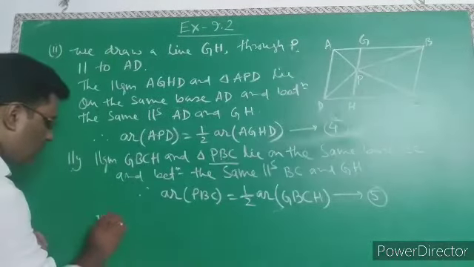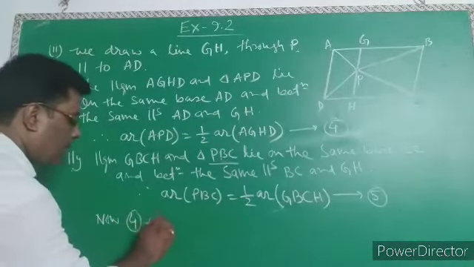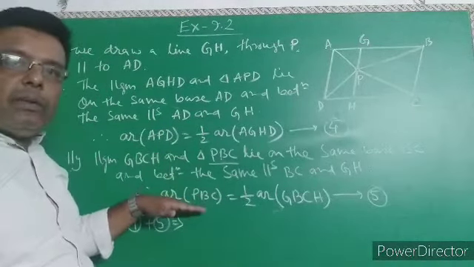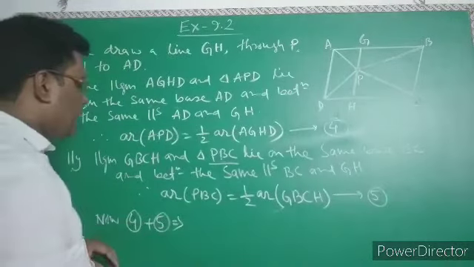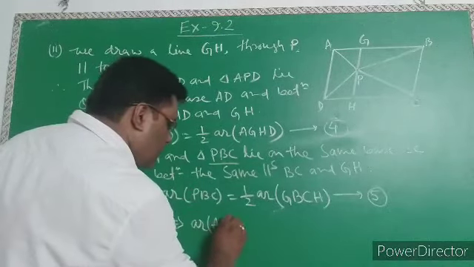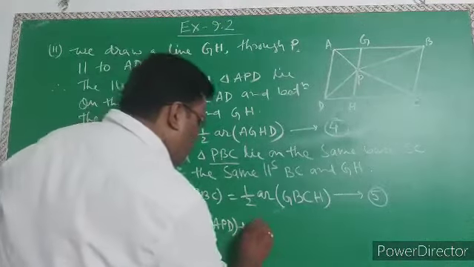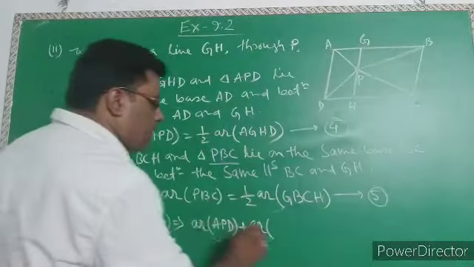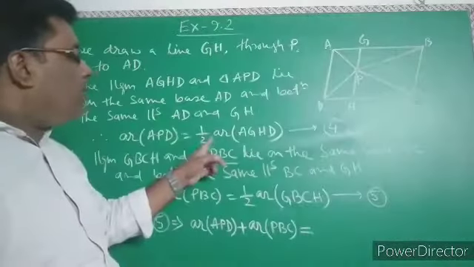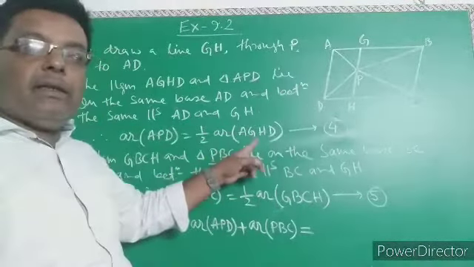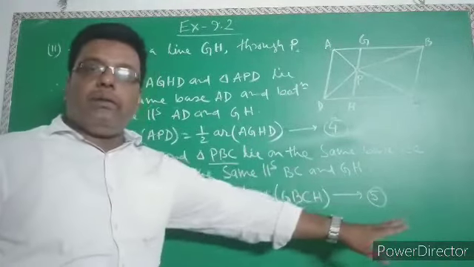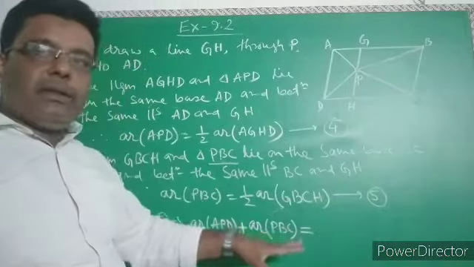Now, if we add equation number 4 and equation number 5, that is left hand side plus left hand side, area of APD plus area of PBC is equal to half area of AGHD plus half area of GBCH. So we write it in short.